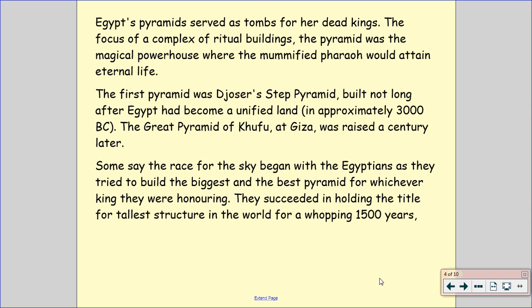So that is where a pharaoh, the royal line of Egypt, would be laid to rest, and it was a way in which that pharaoh could access the heavens, essentially, very much linked to their religious understanding and their religious views, and that's why they were built.